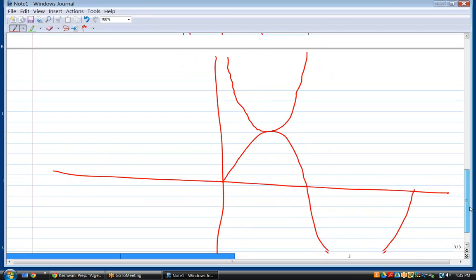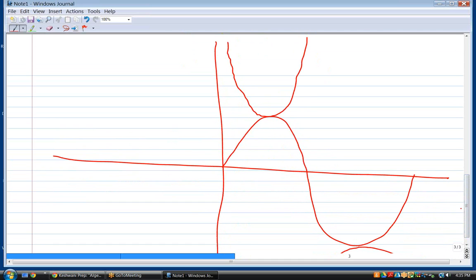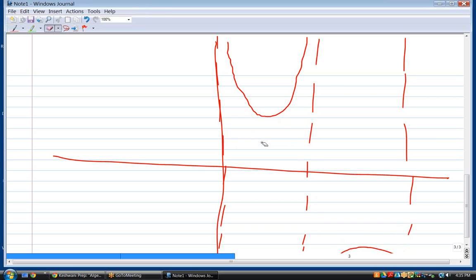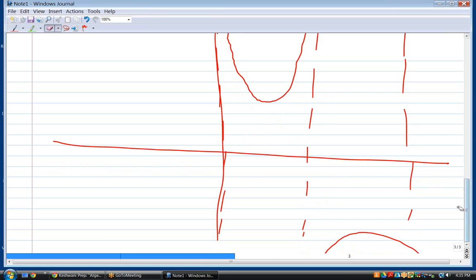And wherever sine is equal to 0, that creates a problem for cosecant because you're dividing by 0, which means you're going to have vertical asymptotes. So wherever sine is 0, you have vertical asymptotes. You cannot divide by 0. Okay? So if I erase the sine curve, I'm left with the cosecant curve.